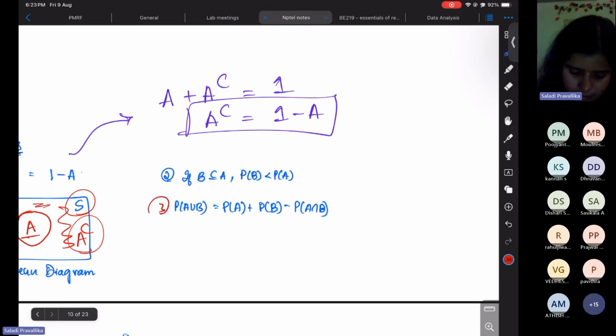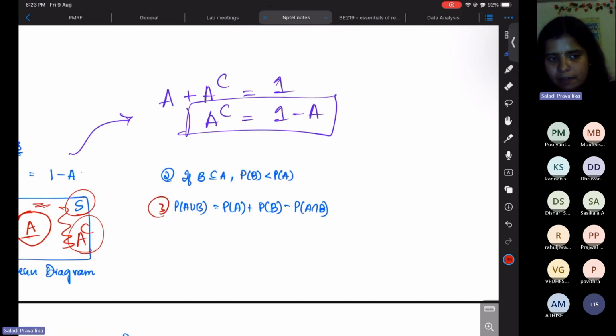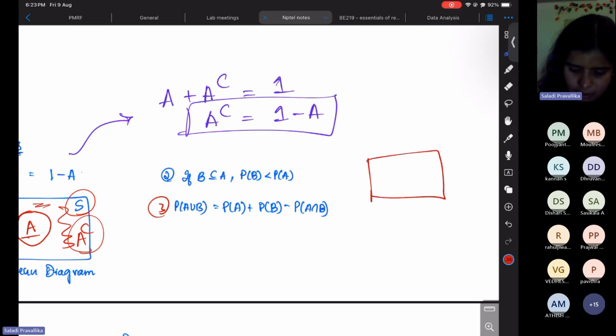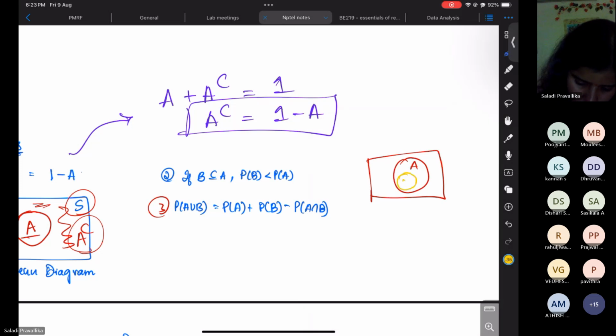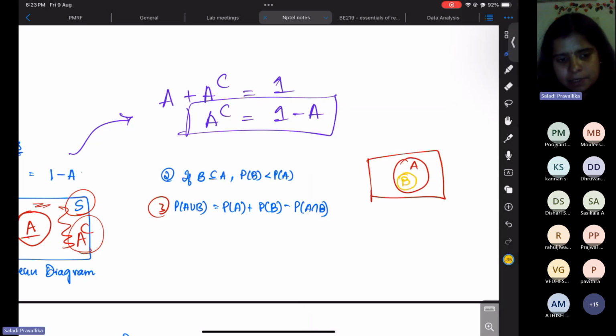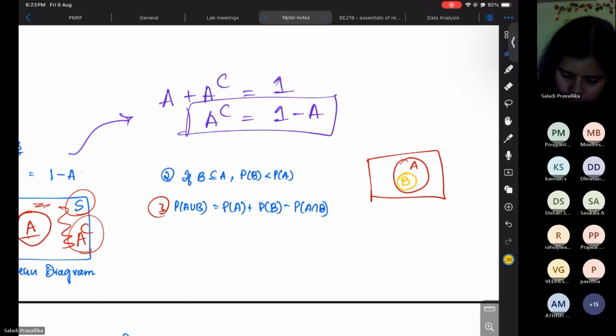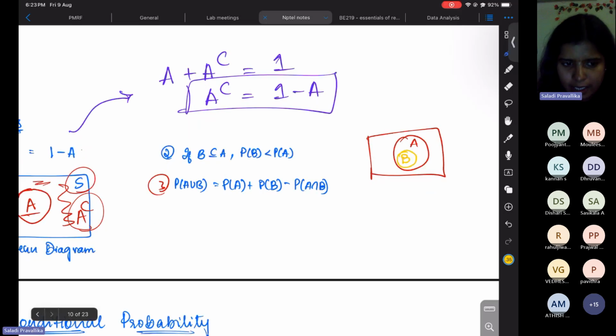The second one is that if an event B is a subset of A, that is, if the whole thing is A and B is a subset of A, so B lies inside A, then the probability of A is greater than probability of B. Okay, that is the second rule.